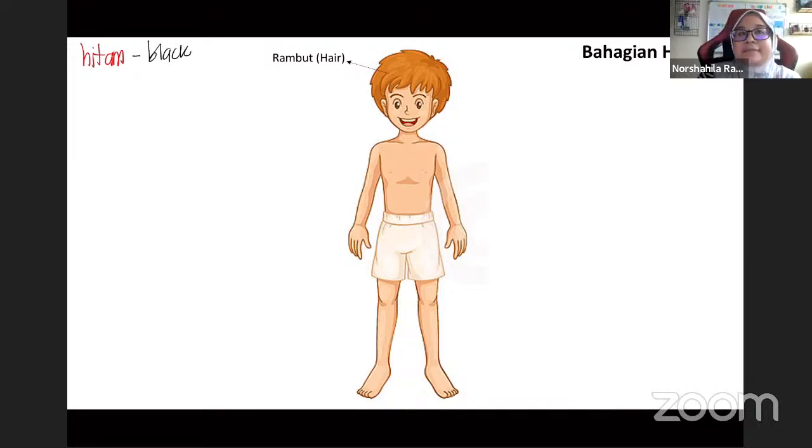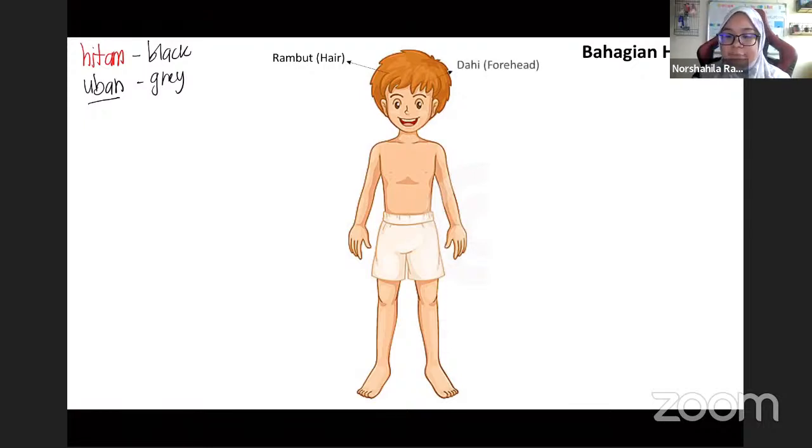But we also have a little bit of gray. For an old person, we call it rambut uban. For the gray hair, such as our grandmother and grandfather have, we call it uban. It's not a color, but a type of condition. So rambut uban means gray hair. Normally in Malaysia, we have black hair, which we call hitam.